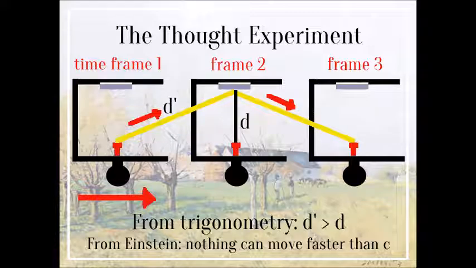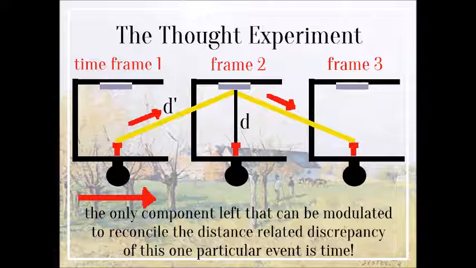The only component left in the system that can be modulated to reconcile this distance-related discrepancy is that of time, again reinforcing the principle of time dilation.